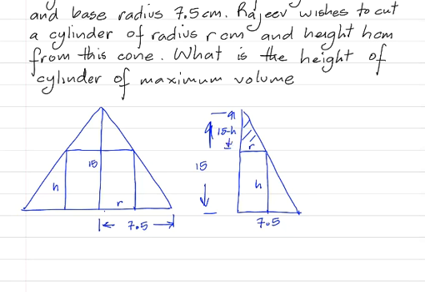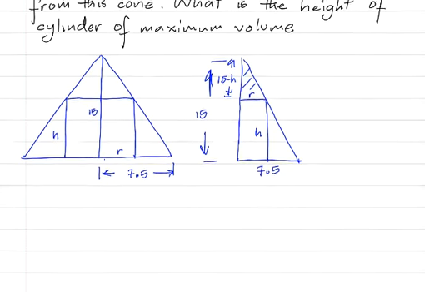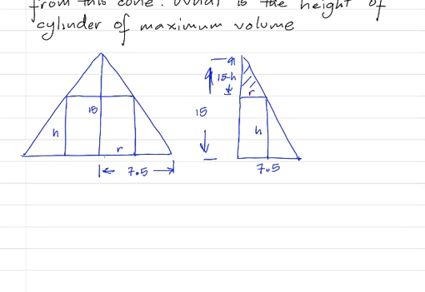So the larger triangle with height 15 and base 7.5 is similar to the triangle with height 15 minus h and base r. If those two triangles are similar, the ratio of corresponding sides is a constant.